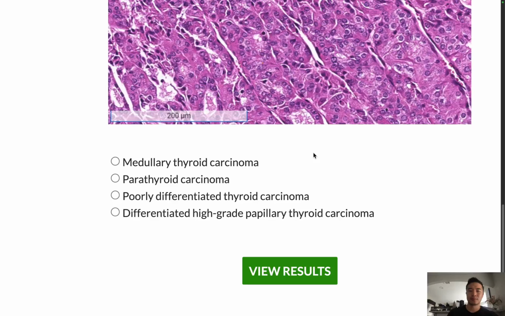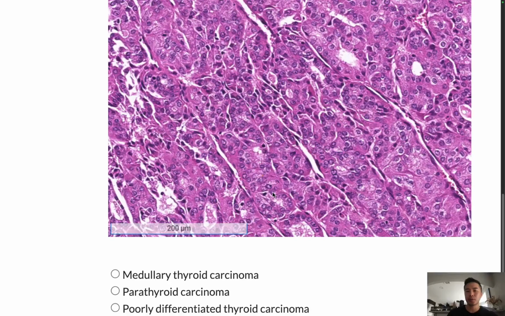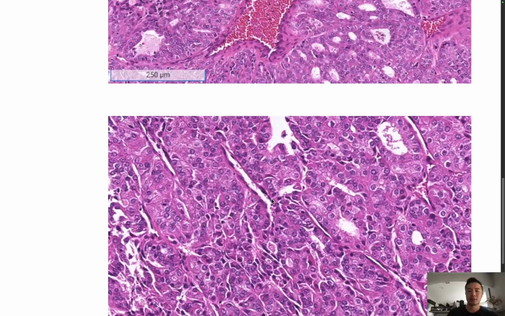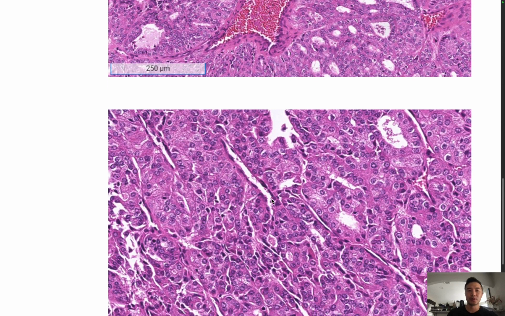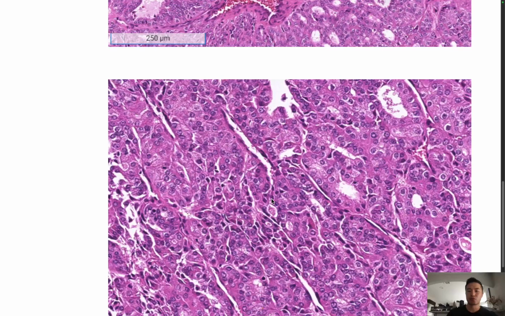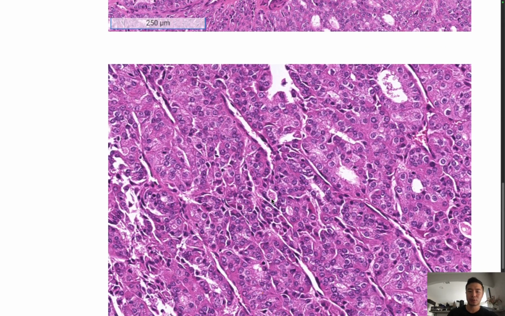In Turin criteria for poorly differentiated thyroid carcinoma, you shouldn't have PTC-like nuclear features. Then you need at least one of three. One is any necrosis, two is 3 mitoses per 10 high power fields, and three is strung-out nuclei, a wrung towel look, which is very subjective.